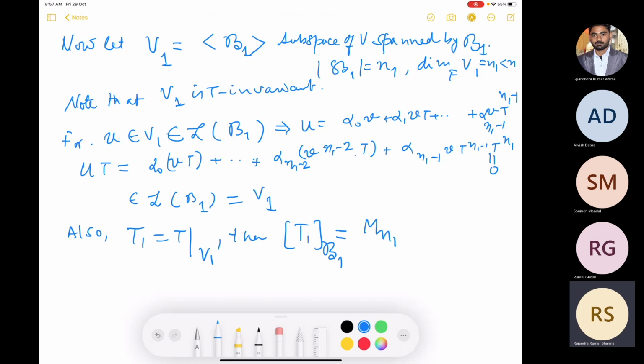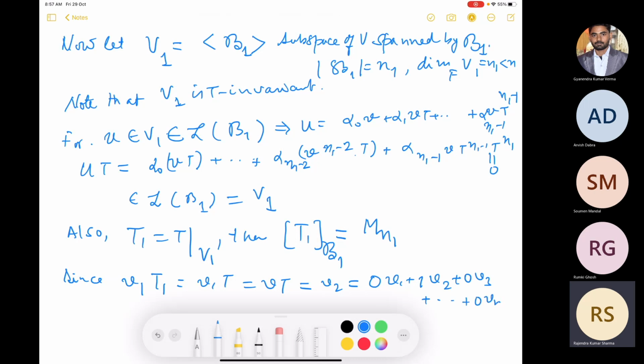Because you can see that if you want to write the first row, for example, v1 T1, this is v1 T. Because this is T invariant, this will be the same as v1 T, which is the same as vt. vt here is v2. So this is 0 v1, 1 v2, 0 v3, and so on.